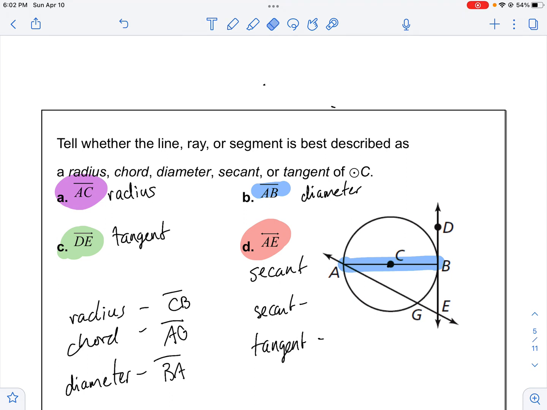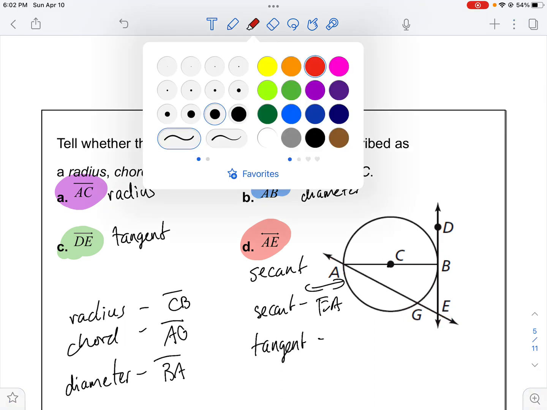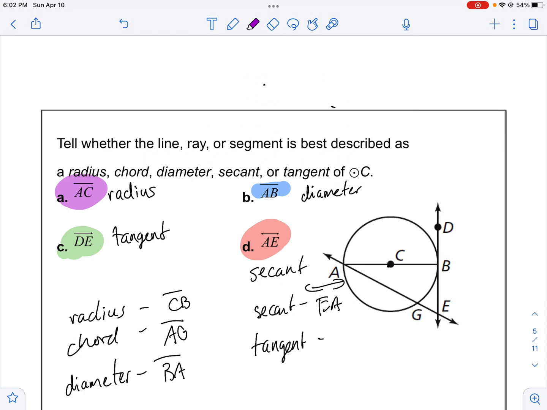A secant is a line that touches twice. So how about EA? And a tangent, a line that touches once. So how about line ED? Okay, there you go. There's your definitions and the practice of how you use them to name.